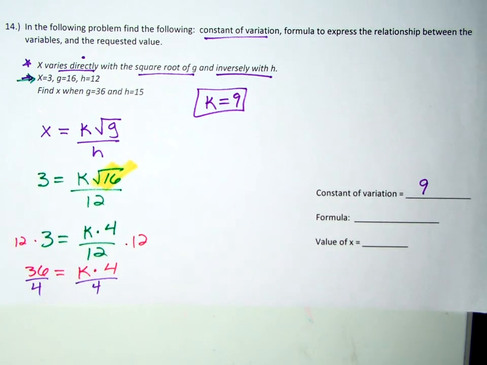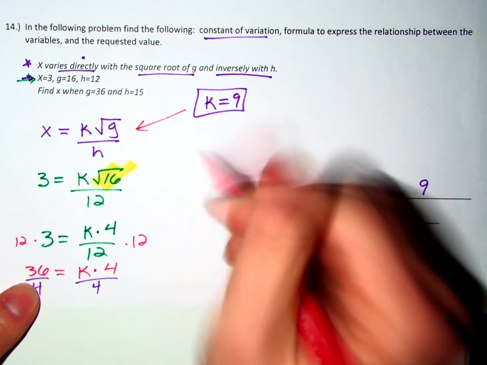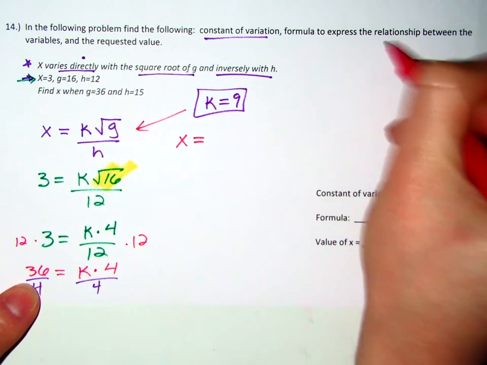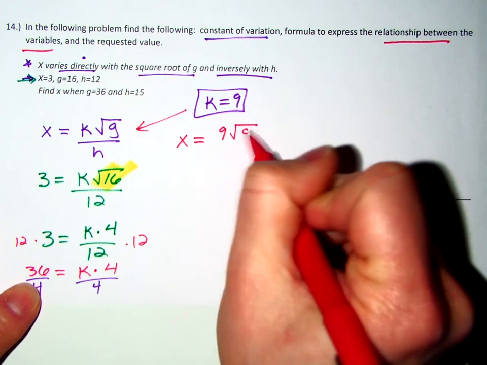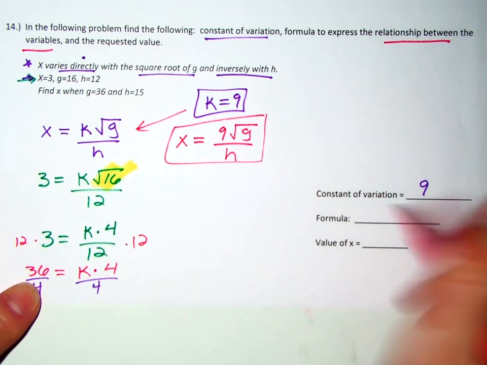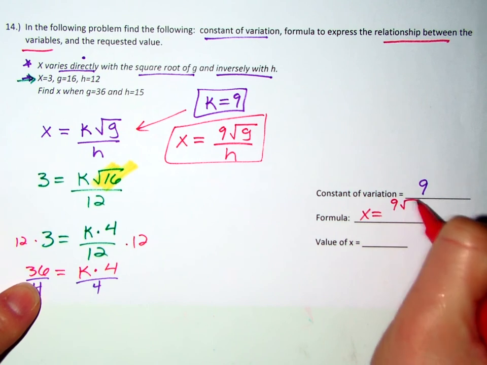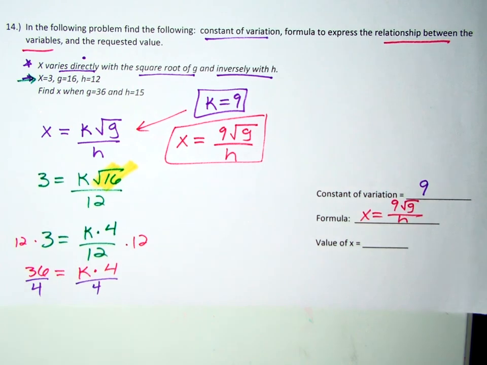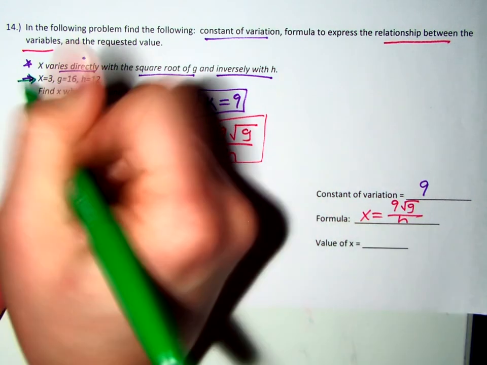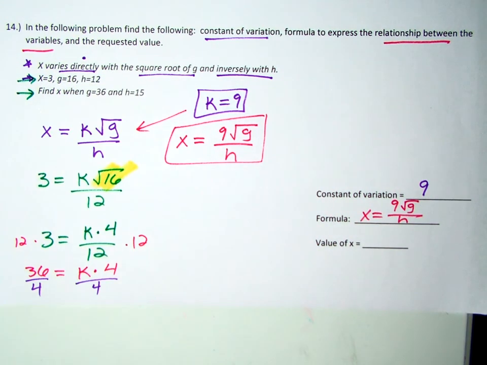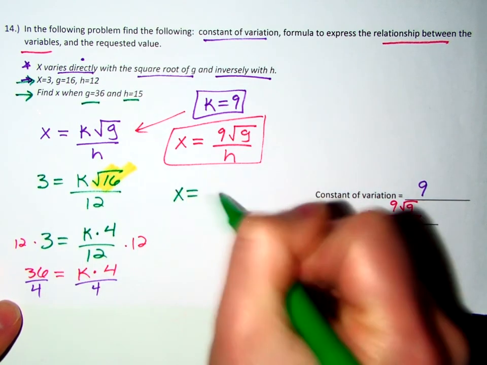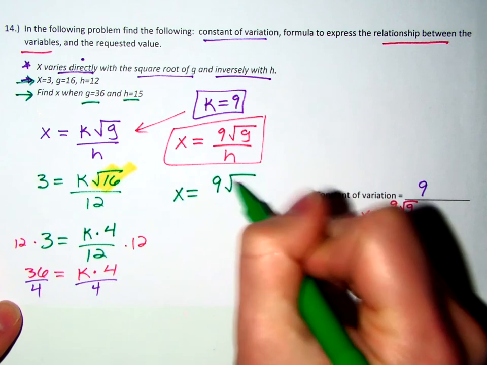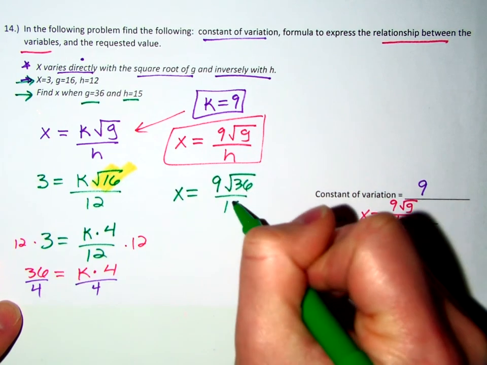And then I can put that into my basic setup to get the relationship between the variables. So x equals 9 square root of g over h would be the formula with the constant plugged in. And then my last step here is to find x when g equals 36 and h equals 15. So x equals 9 times the square root of g, which was 36, over h, which was 15.